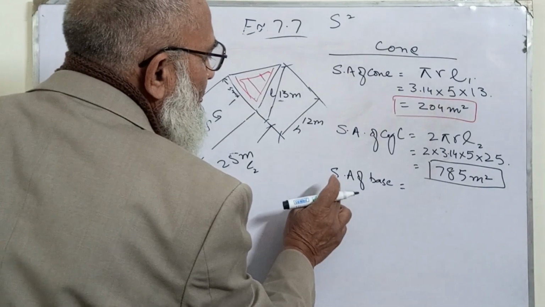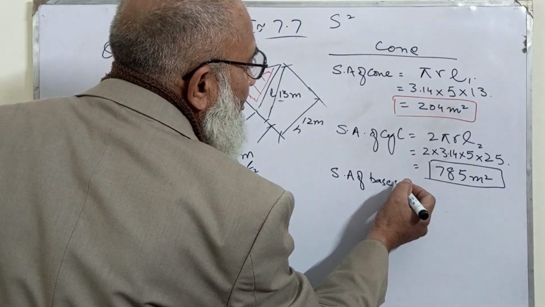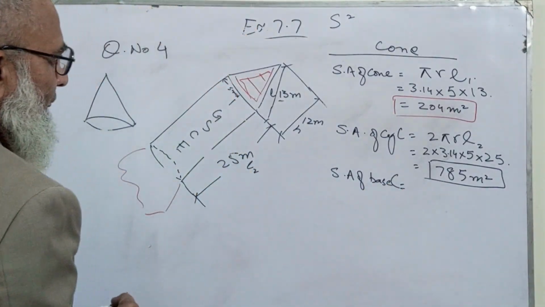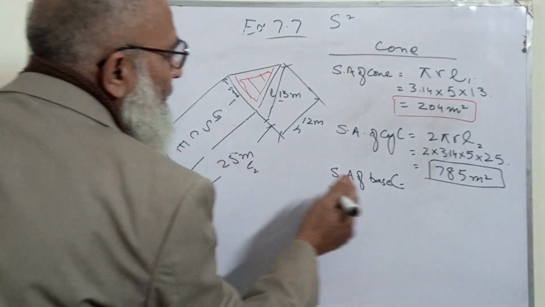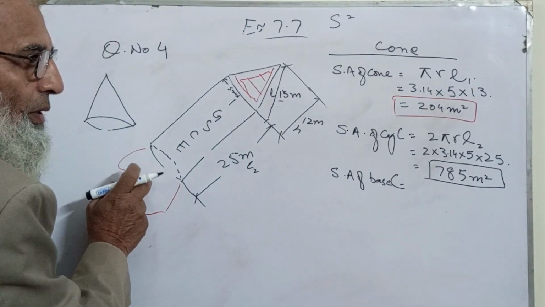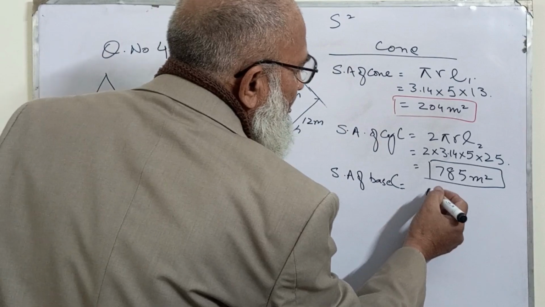Okay, now the surface area of the base of the cylinder. Now this is a cylinder. It will become pi r square.